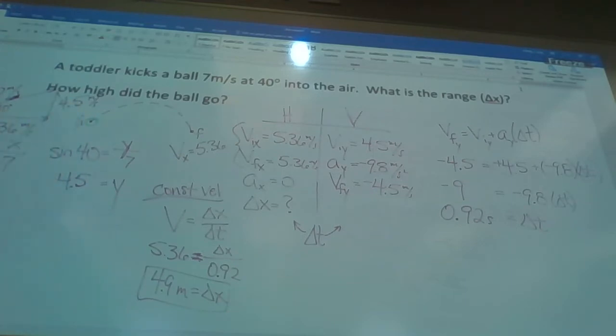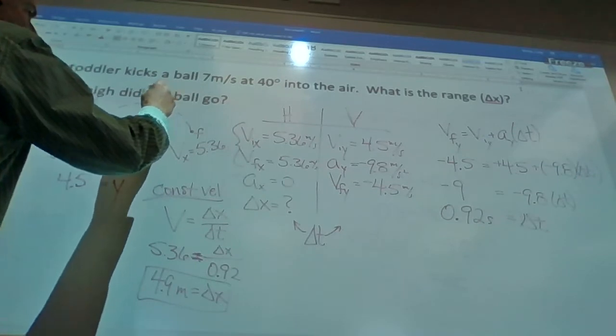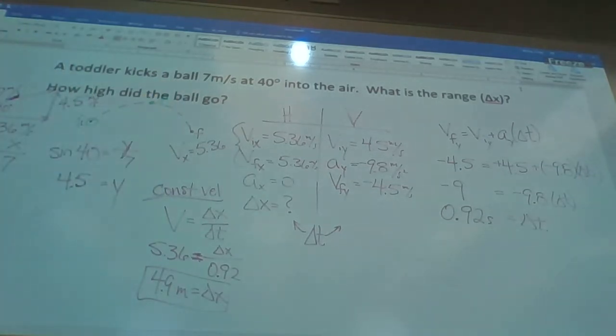I'm going to make an initial spot here. I'm still going to do the triangle. So we're just recycling stuff to save time. But I'm going to make my final spot here at the highest point.